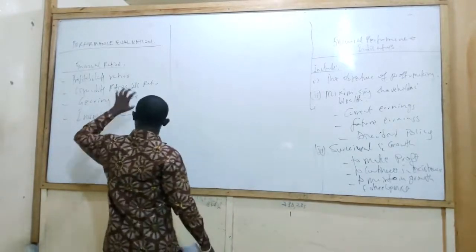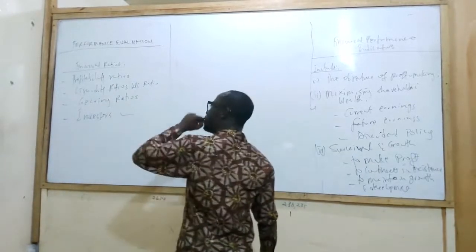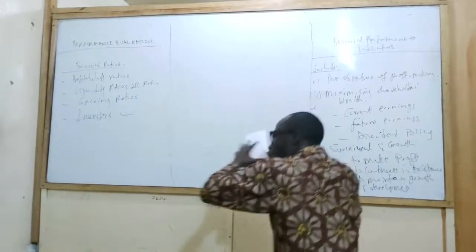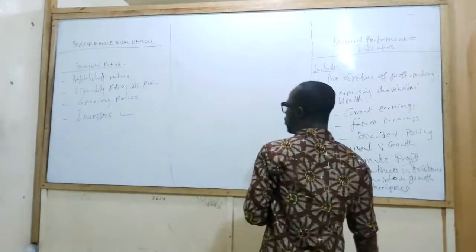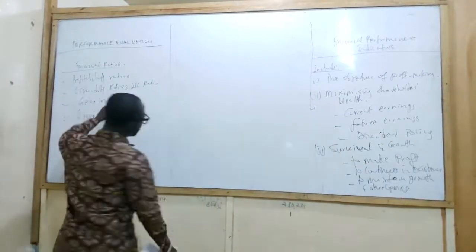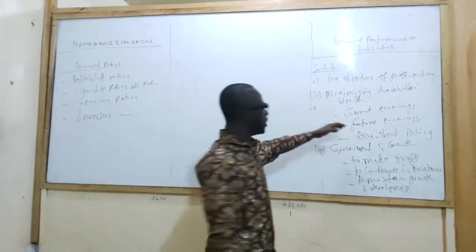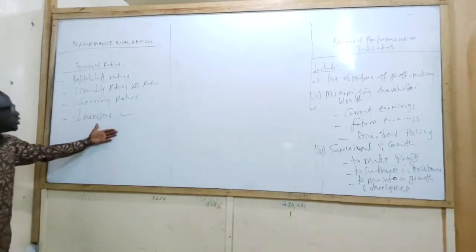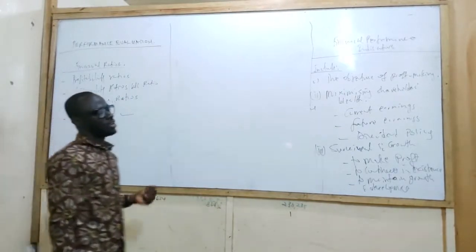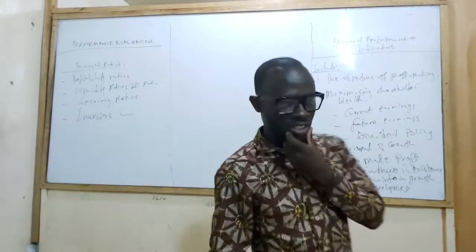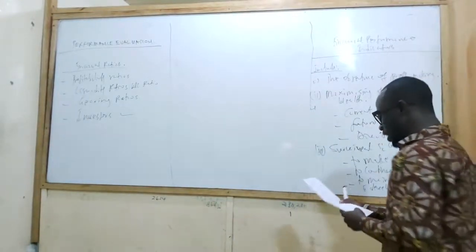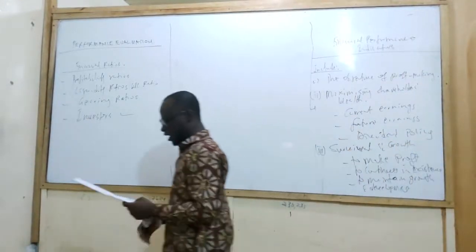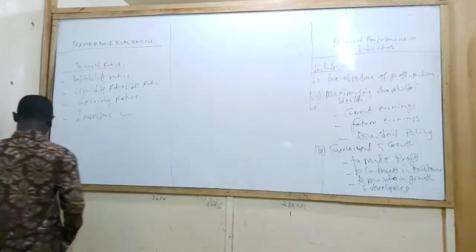The gearing ratios measure the ability of the entity to pay its long-term debt as they fall due. And then the investors ratios look at the returns that the investors are going to be making on the financial performance of the organization. So basically, that's what you need to understand in relation to that.